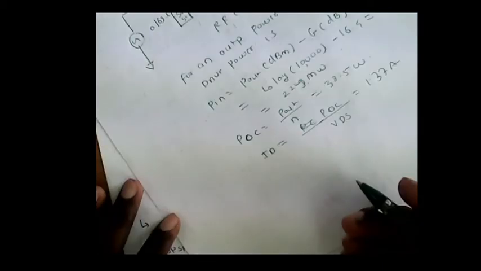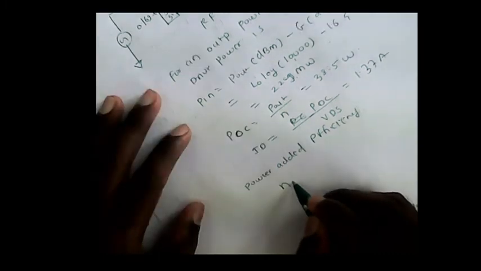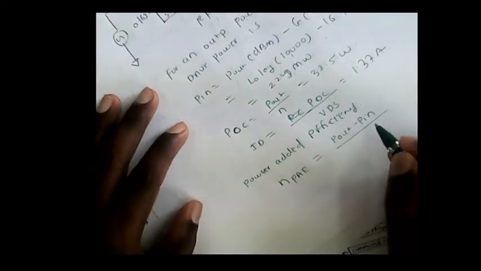Then power added efficiency, with the formula from the previous lecture, is equal to power out minus power in, divided by input DC power.